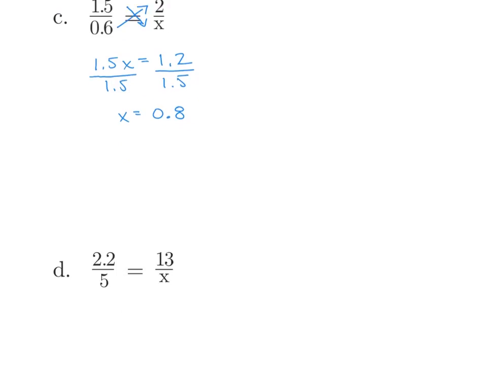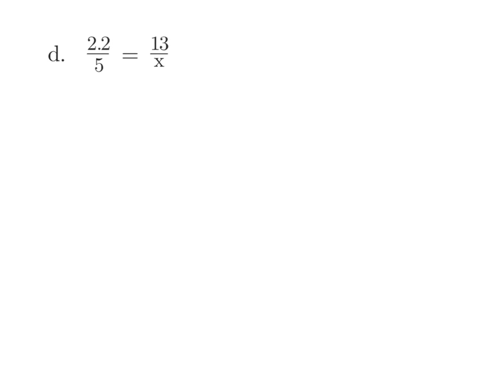All right, last example. Let's look at 2.2 over 5 equals 13 over x. If we cross multiply, we get 2.2 times x is 2.2x. 5 times 13 equals 65.